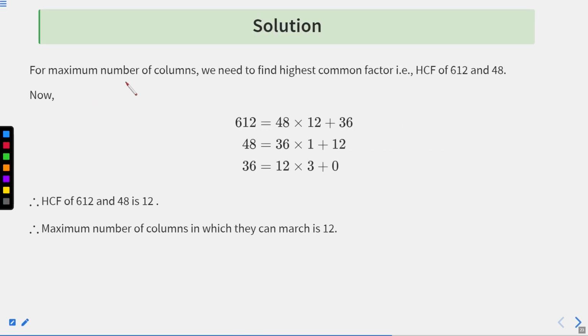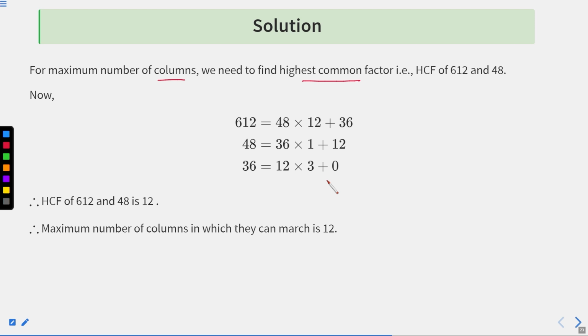For the maximum number of columns, we need to find the highest common factor, that is the HCF of 612 and 48. We can find the HCF of 612 and 48 by using Euclid's division algorithm.